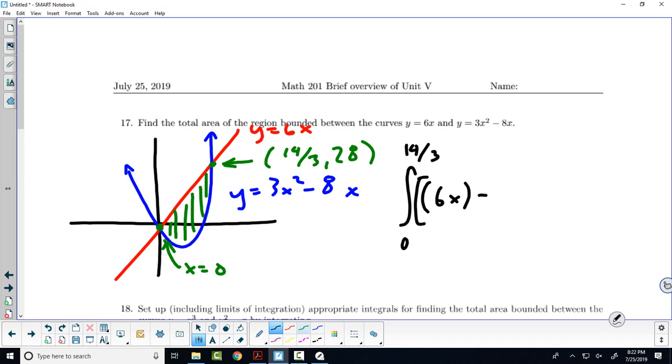Then plug in a test point. You can plug 1 into both functions, and see which one's above. You'd find that 6x is above, minus the lower curve. Who's the lower curve? 3x squared minus 8x. And we're set. We can find the area now between two curves.